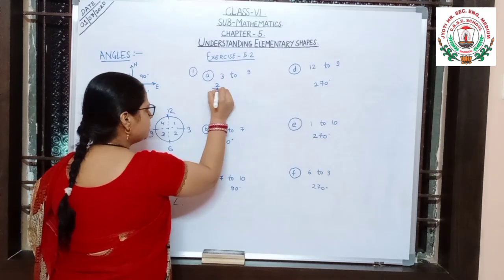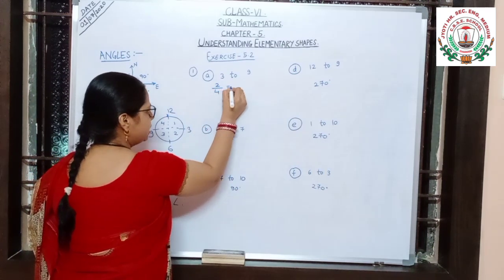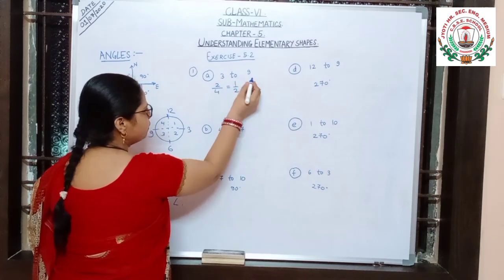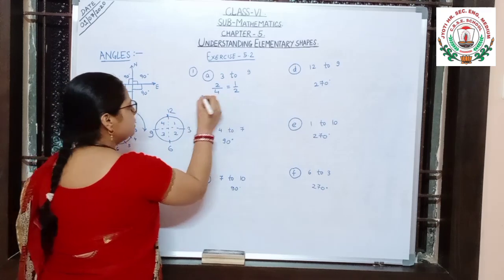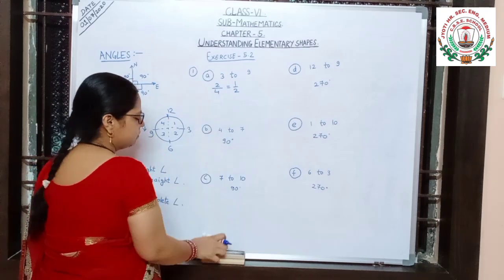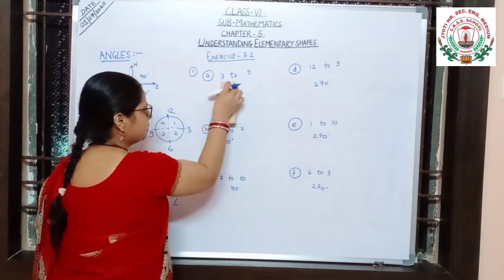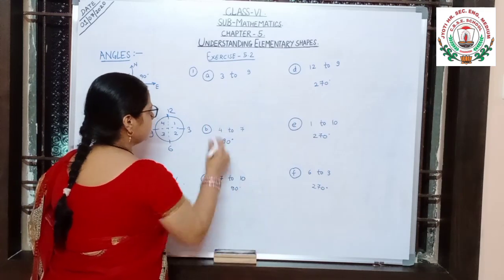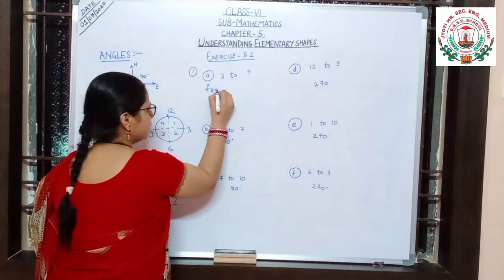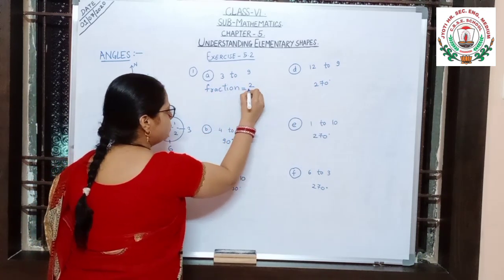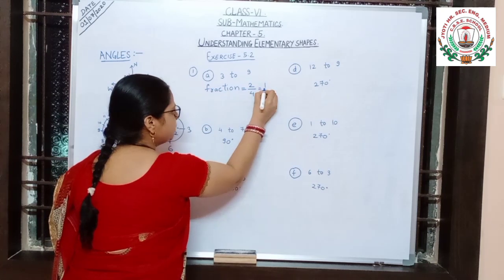Total 2 blocks out of 4 blocks, that is 1 by 2. So 1 by 2 fraction is covered from 3 to 9. Total 2 out of 4, that is 1 by 2.